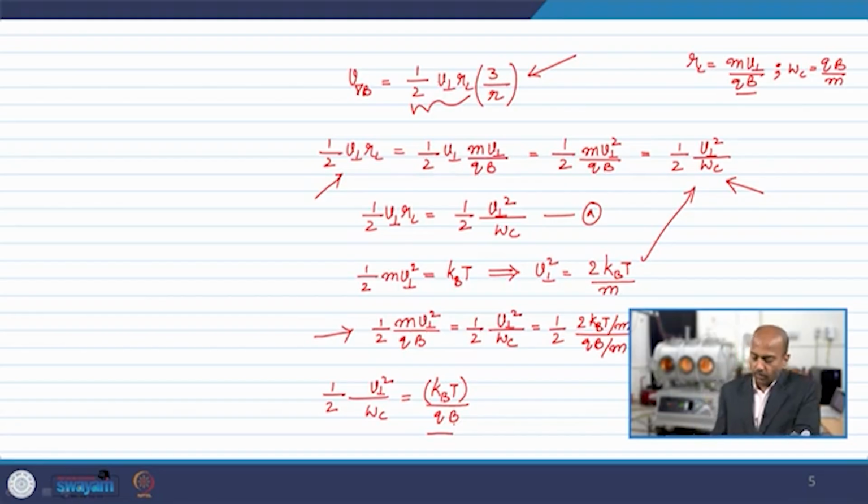Now, kBT is of course the energy, which is obviously in joules. We have not made any conversion, so kBT is right now in joules. If I divide this energy by the charge of the electron, which is 1.6 times 10 to the power of minus 19 coulombs, we can write kBT, the energy, in electron volts divided by B. This q will no longer exist in the denominator because it is dividing the energy and converting the energy units from joules to electron volts, right.